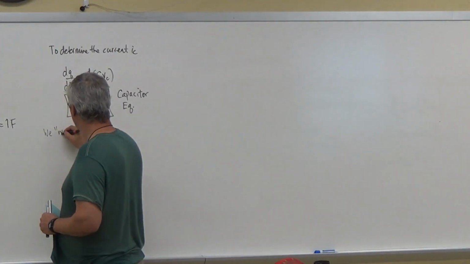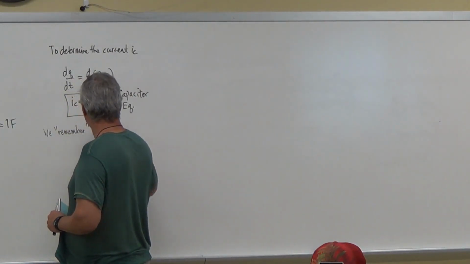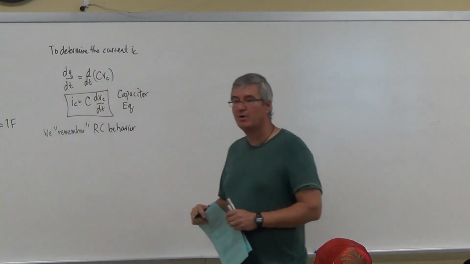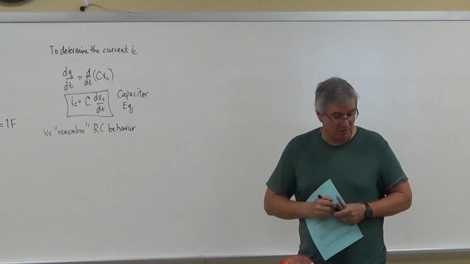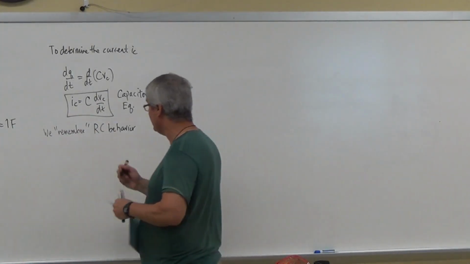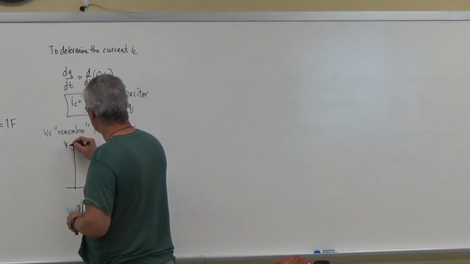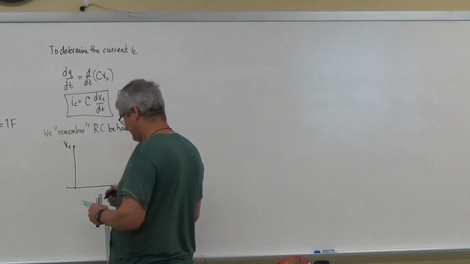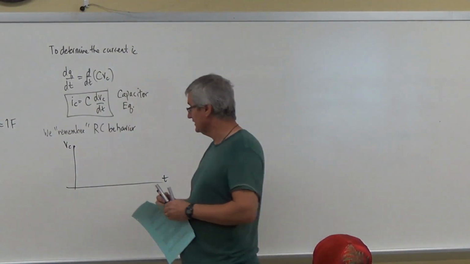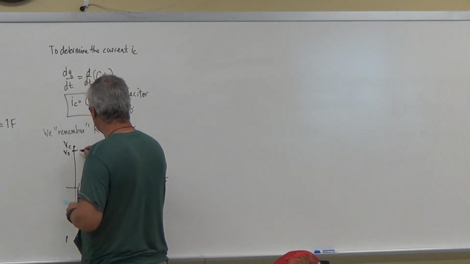We remember RC behavior. If you remember RC behavior, what you're looking at is the following. If I have the voltage as a function of time, what we know about a circuit is that we get this maximum value of the source.